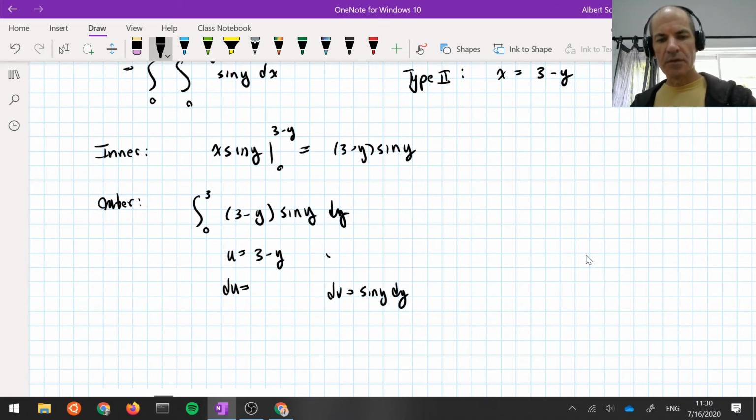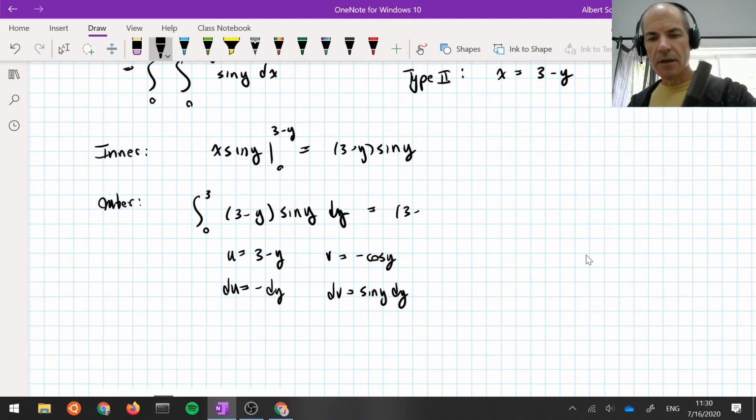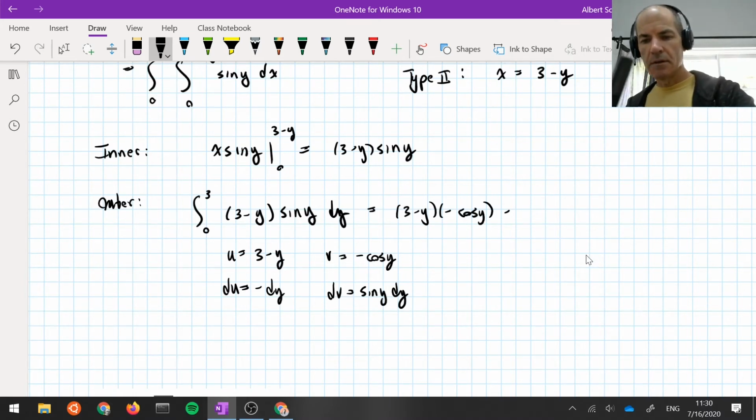The derivative here is negative dy, and the antiderivative here is negative cosine y, like that. So this integral is u times v, (3 minus y) times minus cosine y, minus the quantity v du.